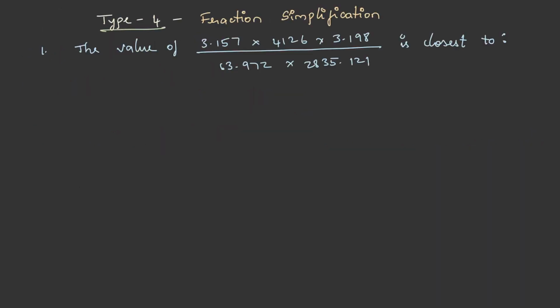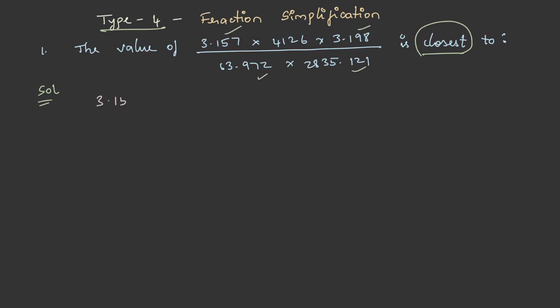Type 4. The value of 3.157 into 4126 into 3.198 by 63.972 into 2835.121 is closest to. As he is asking for the closest or nearest value, we shall bring these decimals into nearest value.